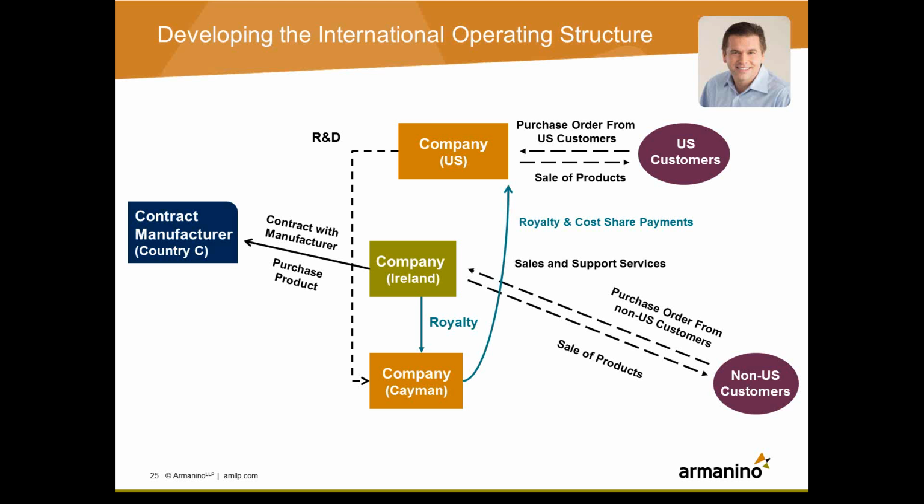But it does require substance, and that's one of the key things that BEPS and some of the U.S. provisions are looking at. So you do have to have people outside the United States within that group structure to effectuate the transactions, the approvals, the sales, the invoicing, all those activities that correlate with those non-U.S. sales.